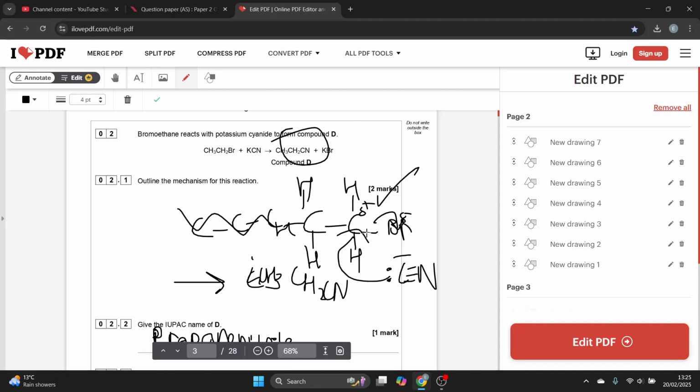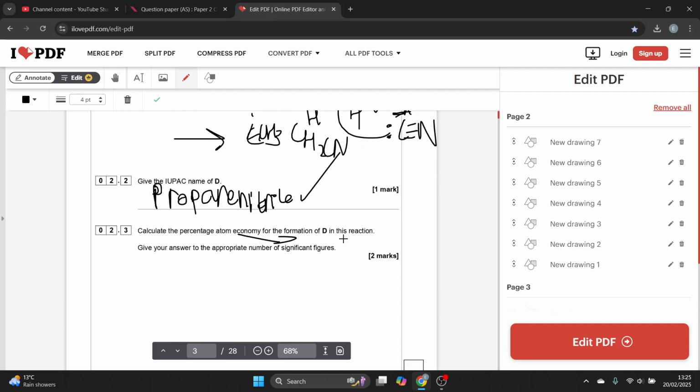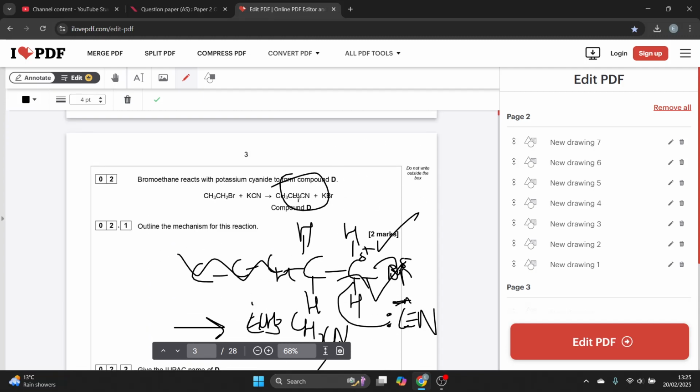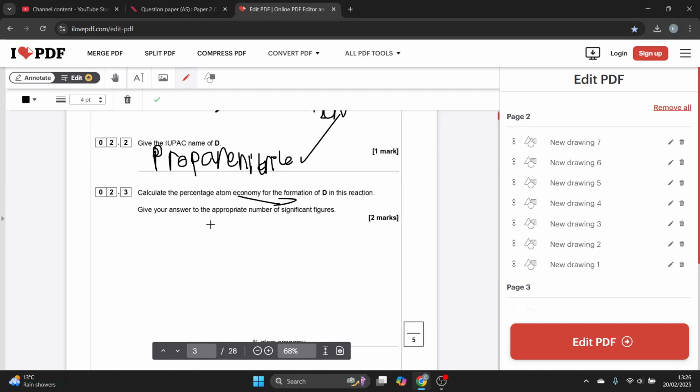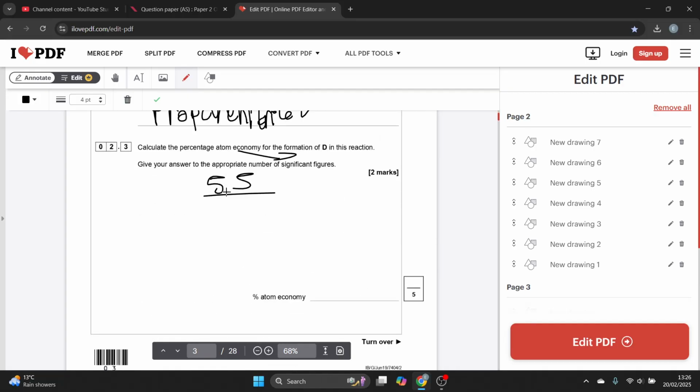Perfect. Propanenitrile. Then 12 plus 3 plus 12 plus 2 plus the Mr of CN, 55, over the Mr of this plus the Mr of that, 174, times by 100, 31.6%.